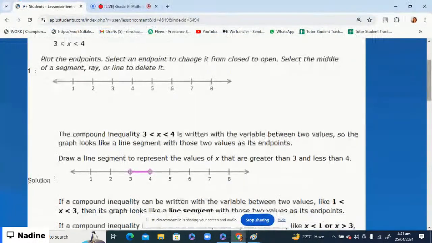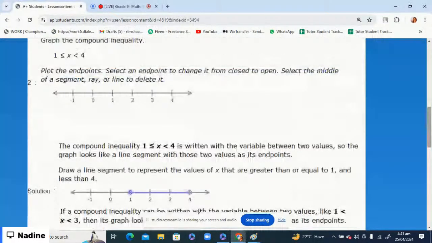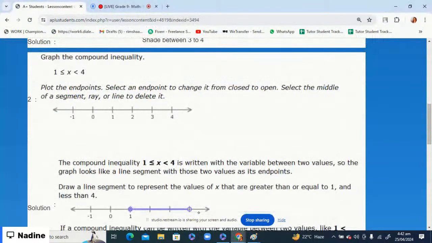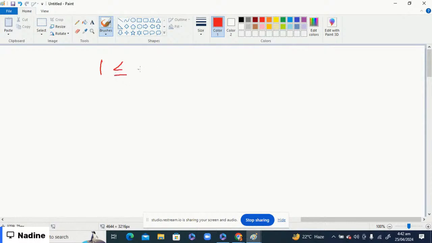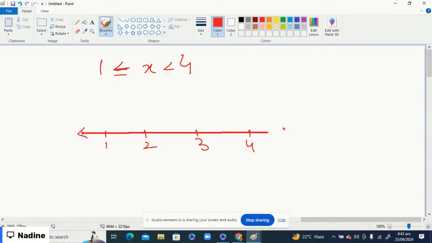So here is one: x is greater than or equal to 1 and less than 4. This one is also equal, but for the 4 it's not equal, only less. So for example, here is 1, 2, 3, and 4, and here it's 0. x is greater than or equal to 1, so it starts from 1 and moves on greater than 1.